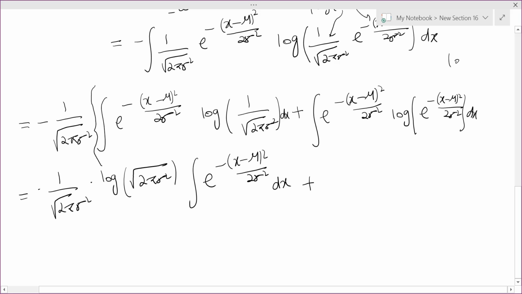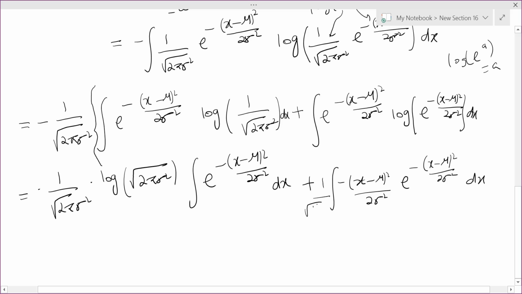Now what is log of e to the power a? This is simply a. So this part will be integral, this will be minus x minus mu square divided by 2 sigma square times e to the power minus x minus mu square divided by 2 sigma square dx, and here is 1 over root 2 pi sigma square. Now see the first observation.